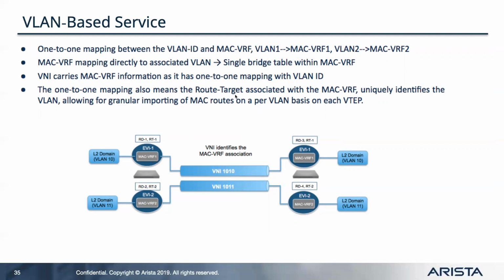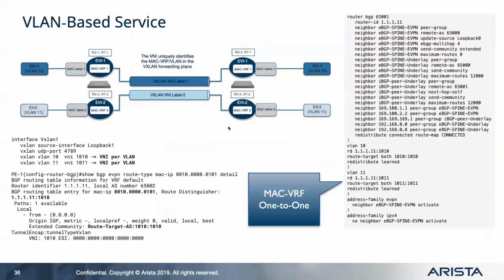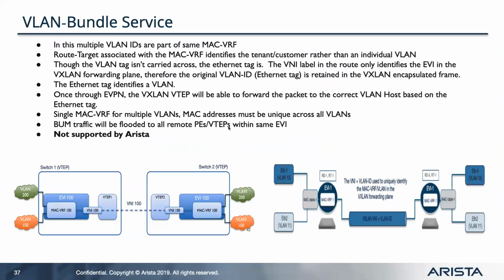The one-to-one mapping also means that the route target associated with the MAC VRF uniquely identifies the VLAN at the other end. So based on the route target, you can understand which VLAN this MAC belongs to, to import it and update the MAC table. Okay. So this is VLAN-based.